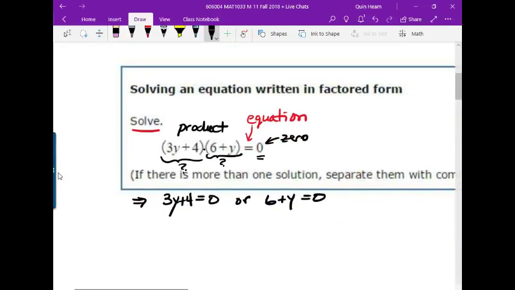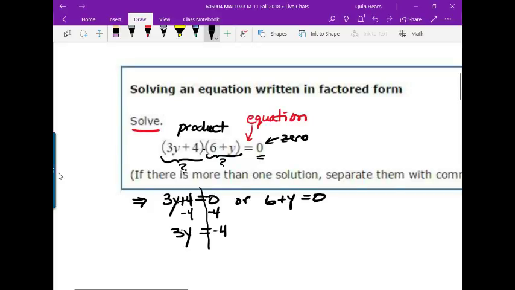All right, so on the left, 3y plus 4 equals 0. We would subtract 4 from both sides of the equation. When I say both sides, by the way, I'm talking about both sides of the equal sign. So subtracting 4 on both sides, we get 3y equals negative 4. And then now we would observe that 3 is being multiplied by y.